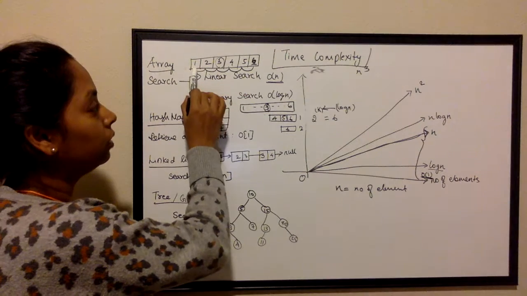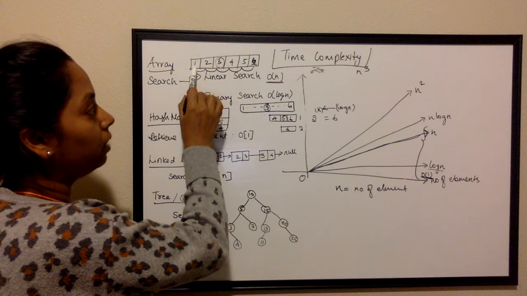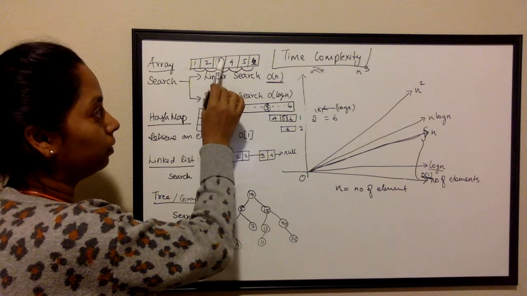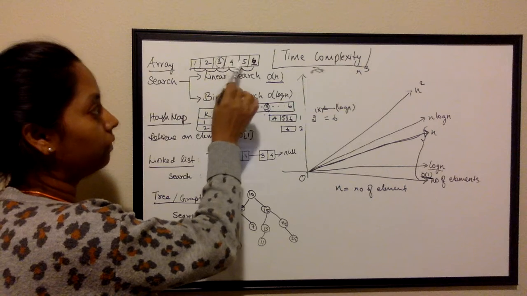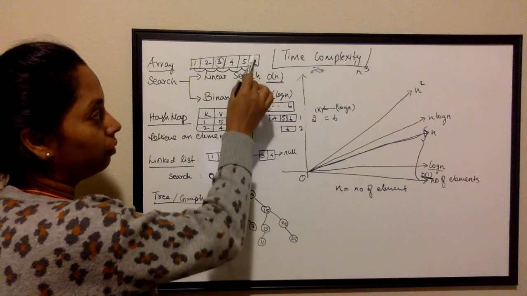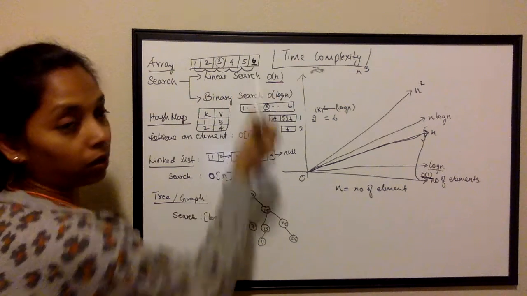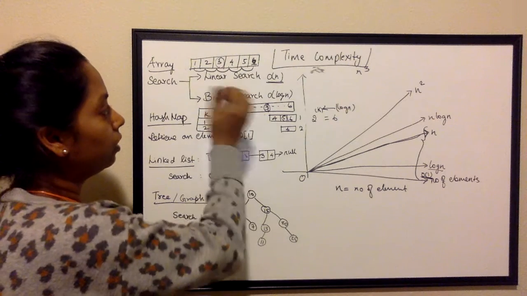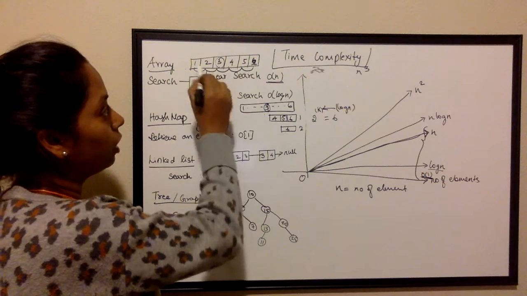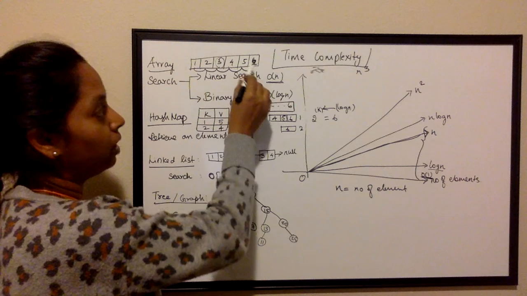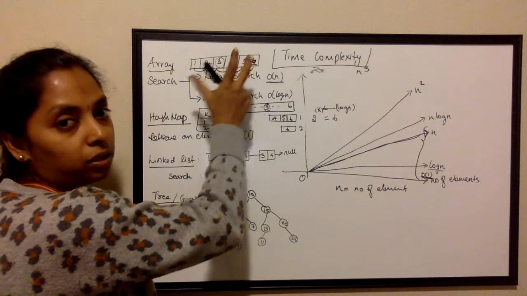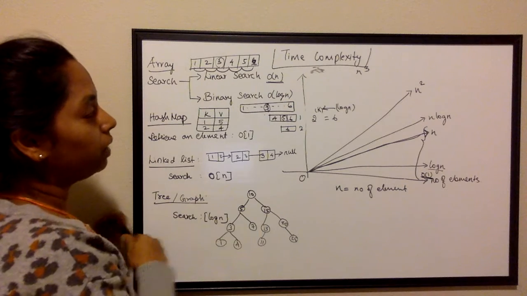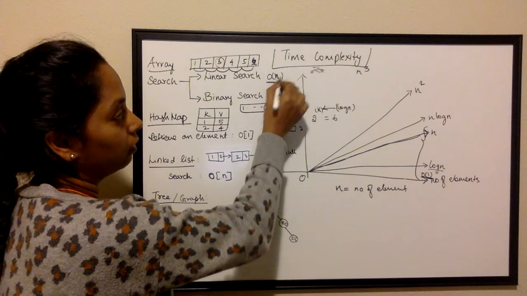You start with the 0th element, check if it is 6, no. The second element is 6, no. The third element is the target element, 5, 6, right? So we came to know the last element is the target element, so we return it. By this, you have touched every element in this array, which is n elements. So in that case, the time complexity would be O of n.